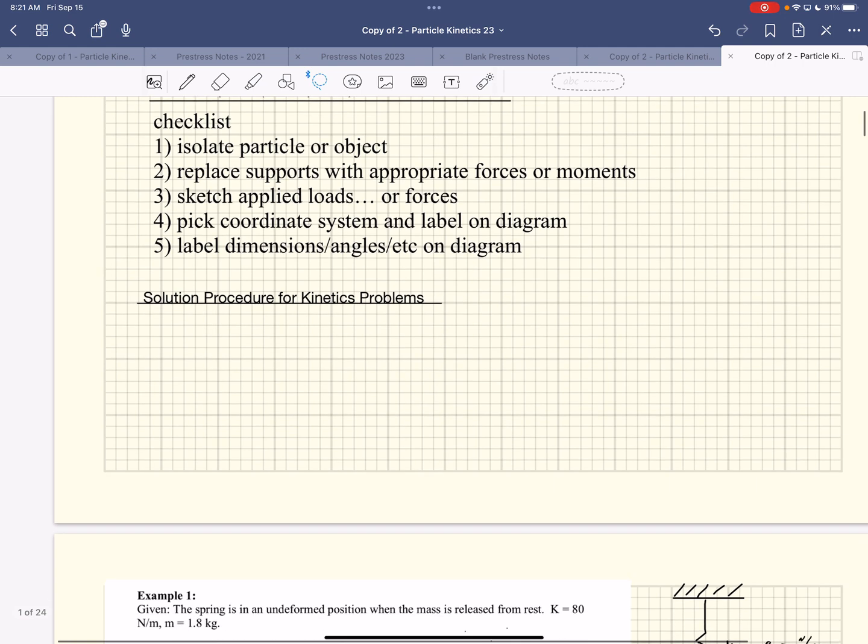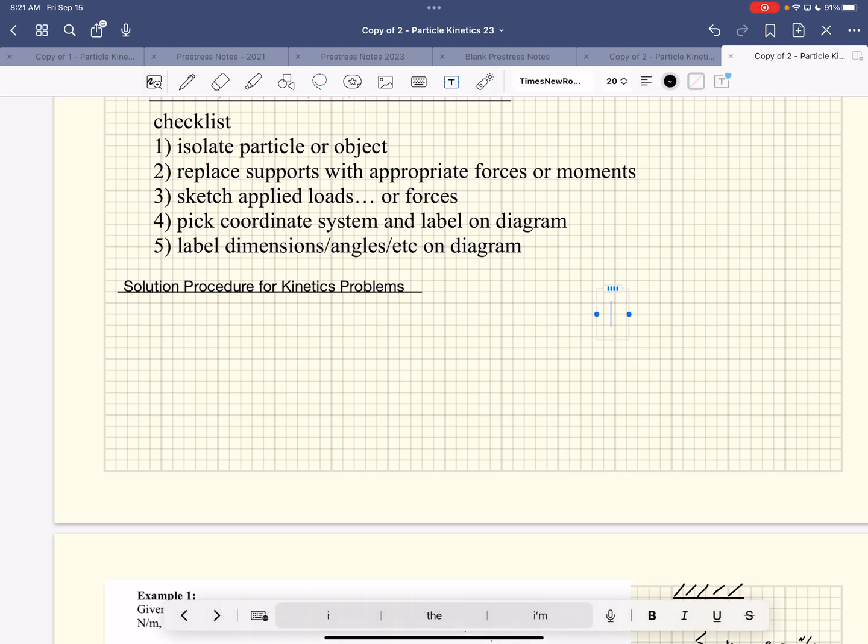I'm also going to give you a procedure to follow for solving these types of problems, these kinetics problems, the F equals ma kinetics problems. First thing we're going to do is draw a free body diagram, hence us talking about free body diagrams a second ago.